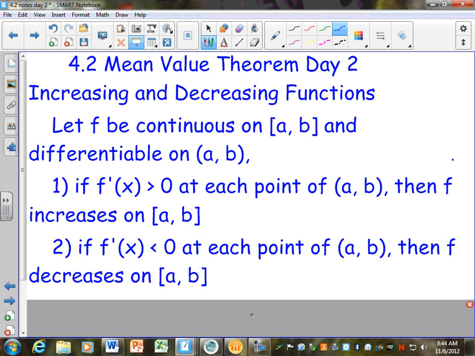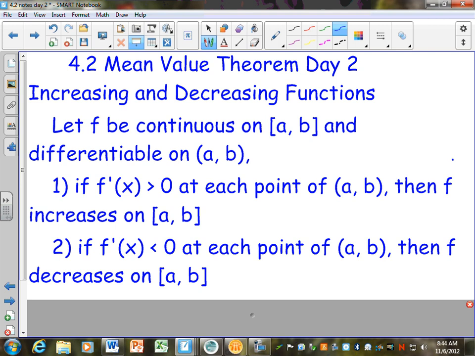Where does a function change from increasing to decreasing? At a max or a min. Do we know how to find possible max or mins without having to graph it? Critical points: set the derivative equal to 0, which means if we're trying to break up a graph into intervals of increasing and decreasing, we can use those critical points and then test to see whether the derivative is positive or negative.